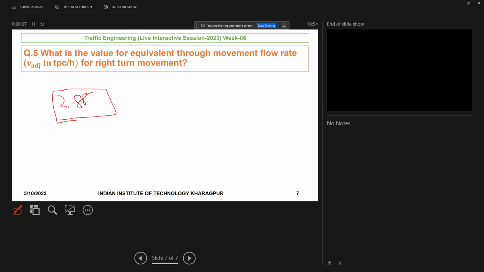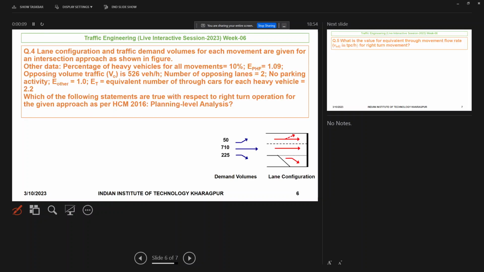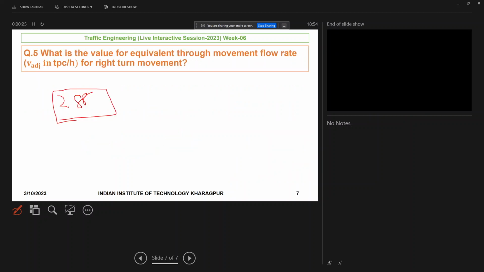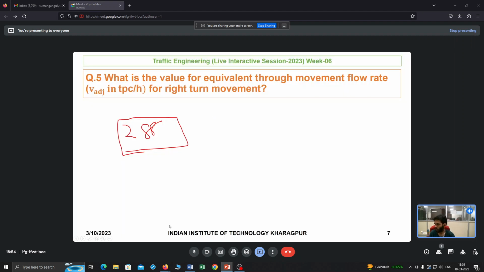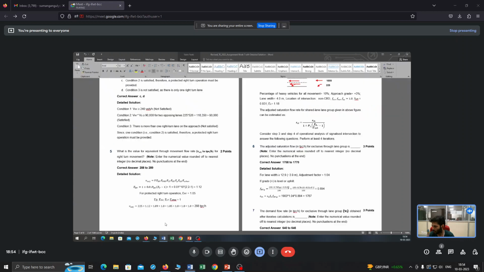You have to include this factor and EHV factor as well as other factors like E other one and those things. Okay. So then here it is not there, but maybe we can discuss it here itself.